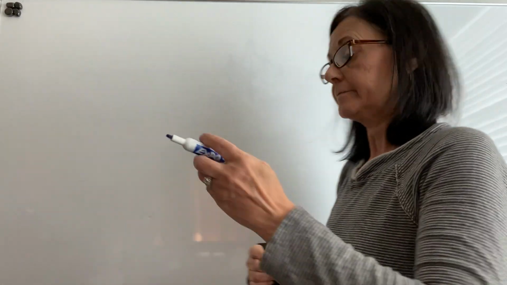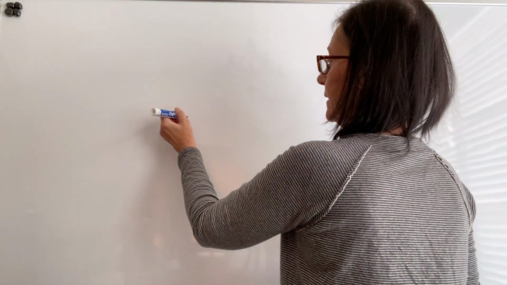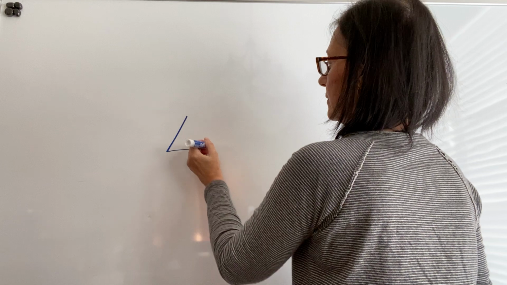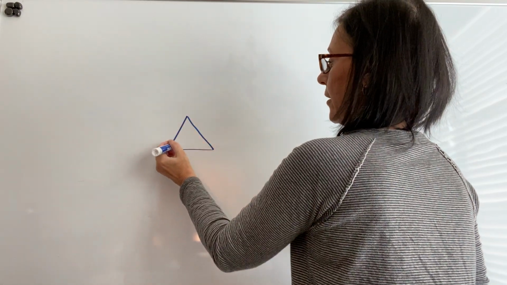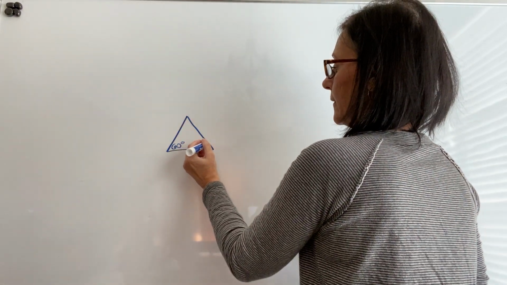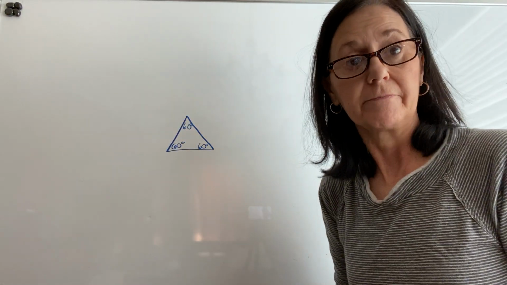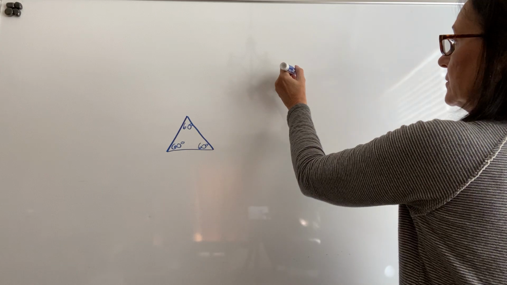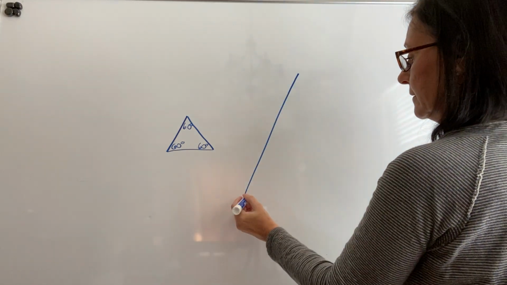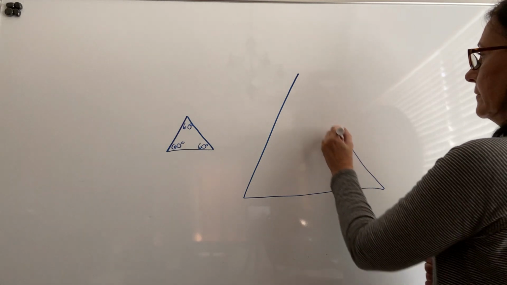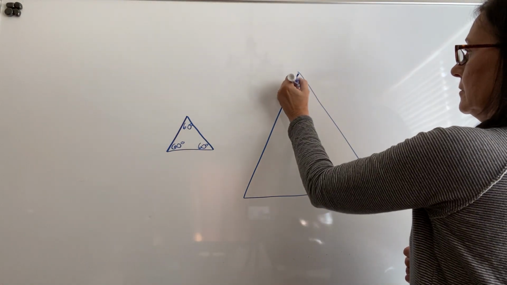All right, so if I had an equilateral triangle, right? We know that the measure of each angle of an equilateral triangle is 60 degrees. And let's suppose I had another equilateral triangle.